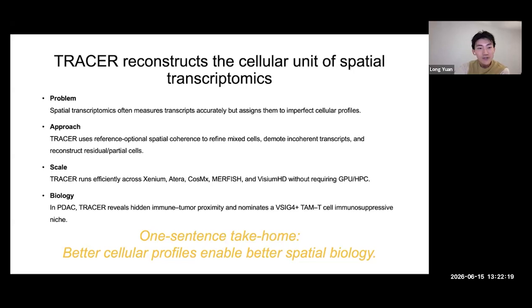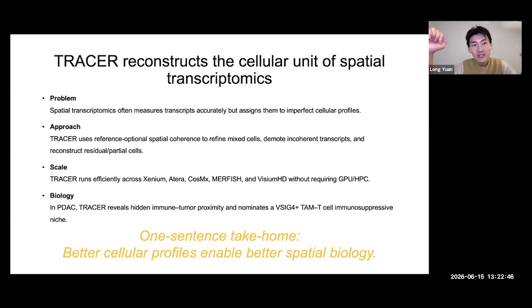And with that, I would like to summarize the talk. If there are only two takeaways that you want to remember from this talk, the first thing is really just my name. Remember that. And the second, the one-sentence take-home message, is that better cellular profiles enable better spatial biology.